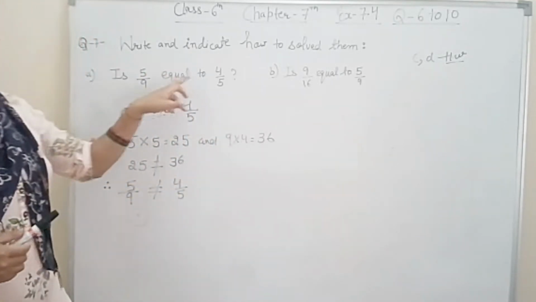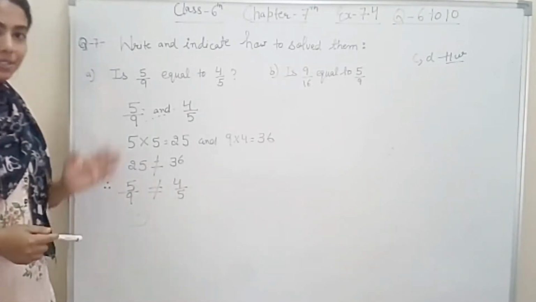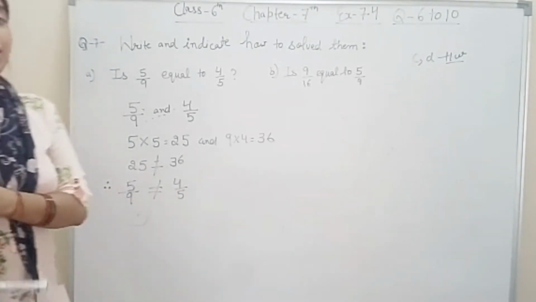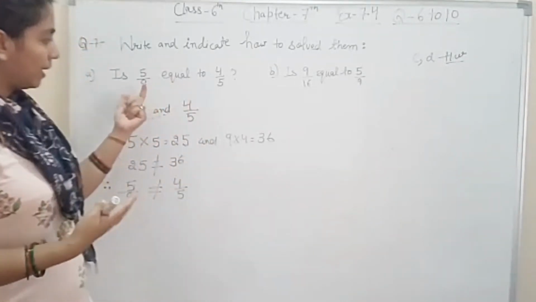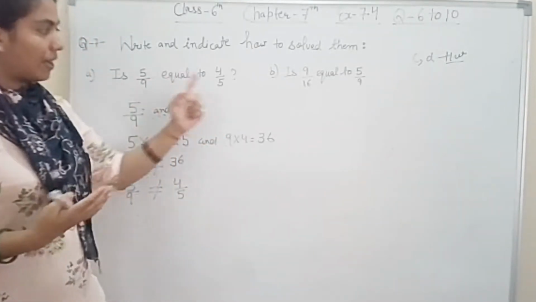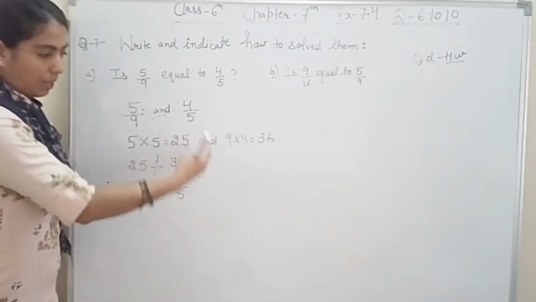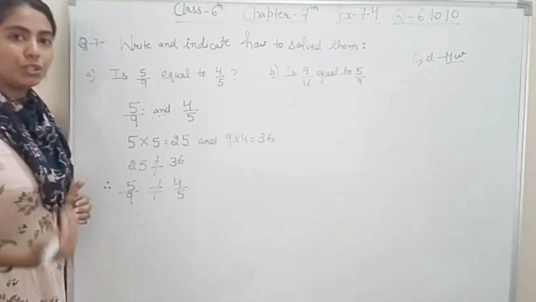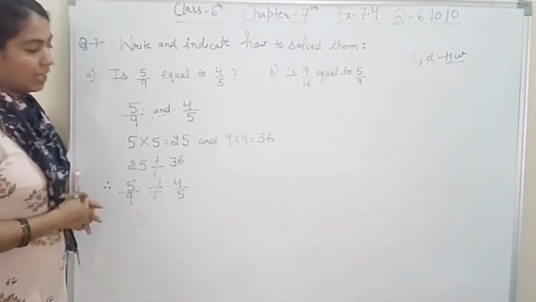But here it is asking equals to. So it is not equal to. Right? Very simple, students. So you just need to learn the methods. Another method is to take the LCM. 9 fives are 45, that is the LCM. To make the denominator the same, then you have to see, because when the denominator is the same, the bigger number means the bigger fraction, right?